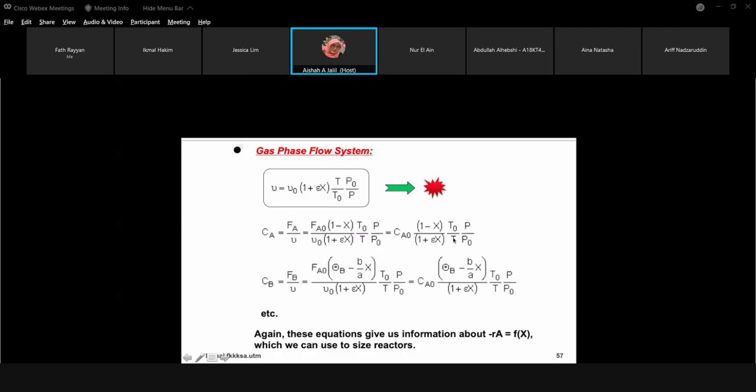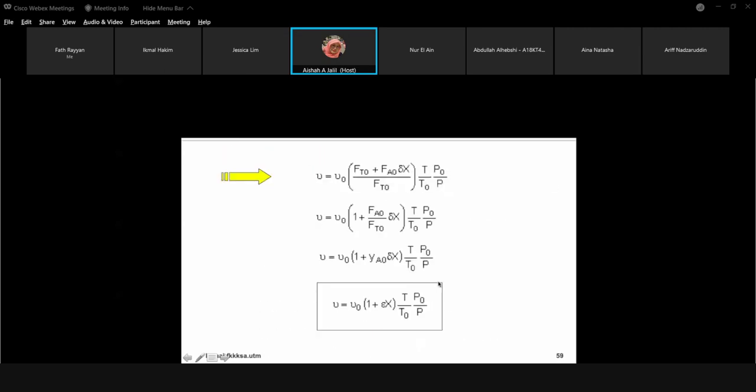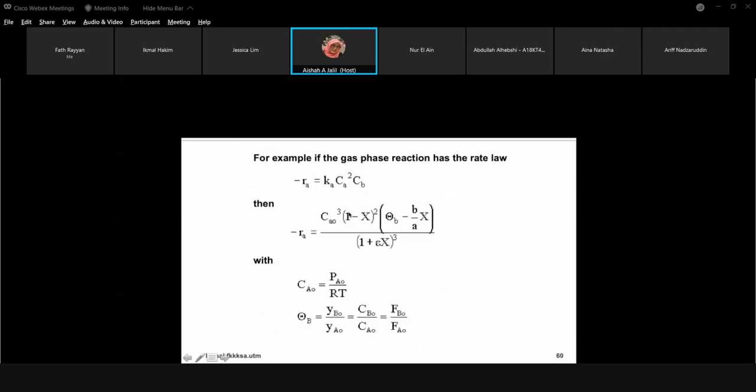No need to put it here, and when you multiply with CB, you can remove it also. So you got what I mean. This is negative rB.